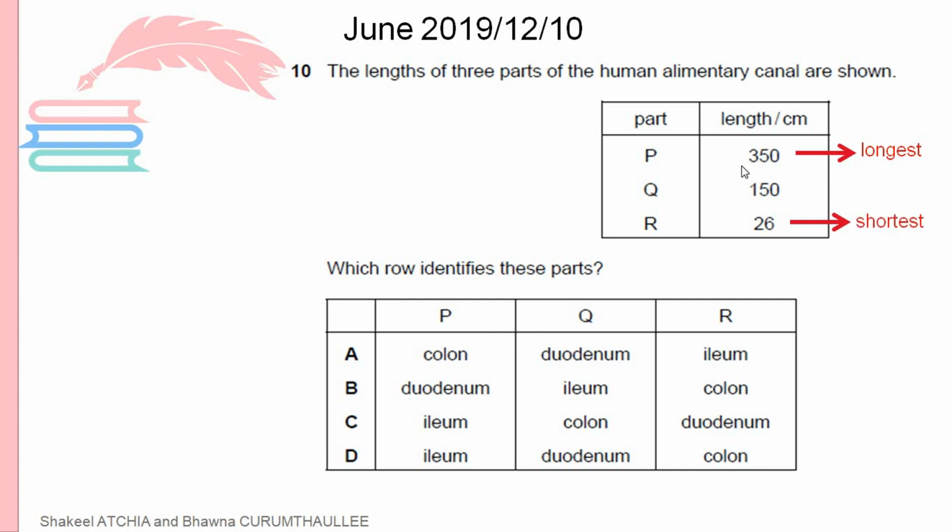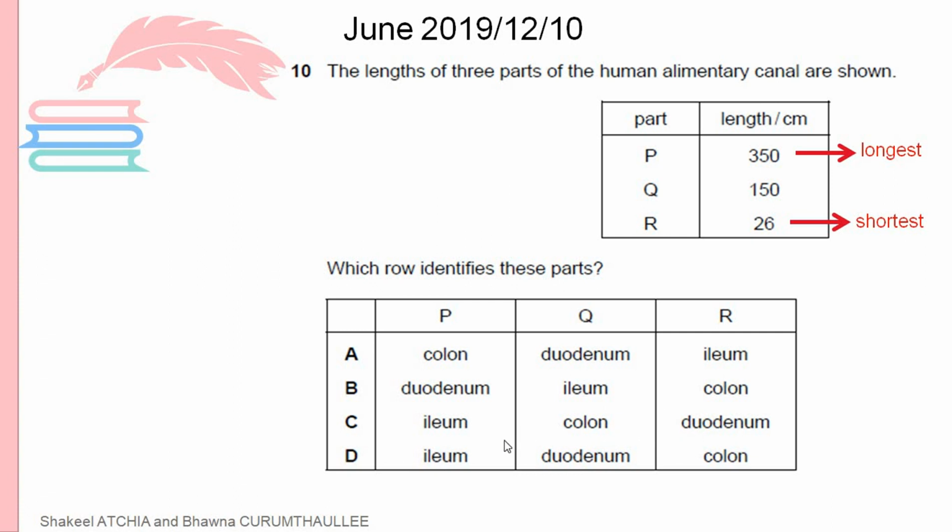We know that the longest region in the alimentary canal refers to the ileum. So P is the ileum. We eliminate A and B. We are left with C and D. Now we have to consider that R is the shortest part. Between the colon and the duodenum, which one is shortest? It is the duodenum. Colon longer, duodenum shorter.